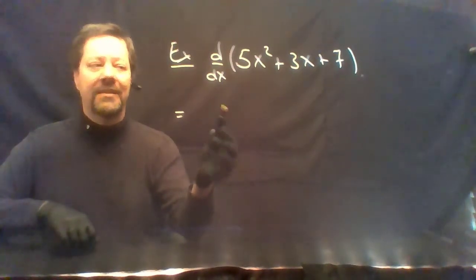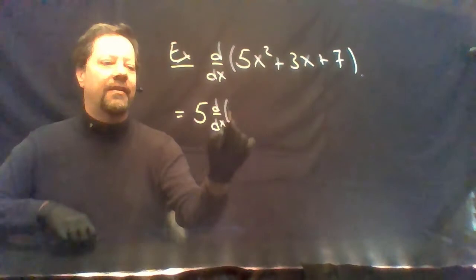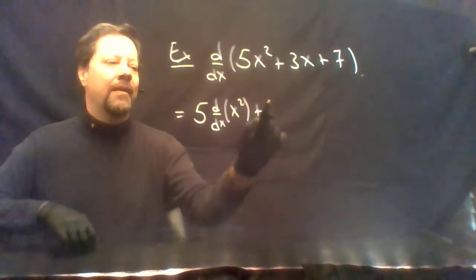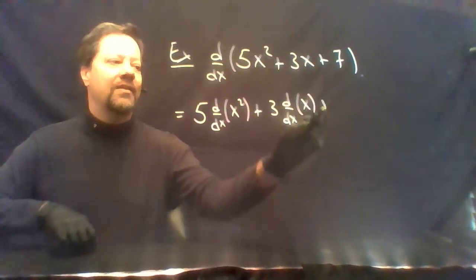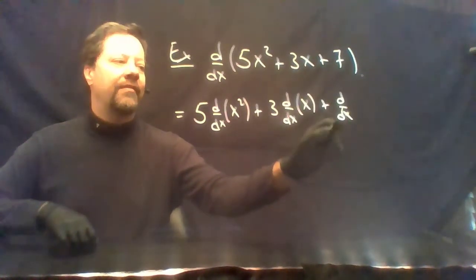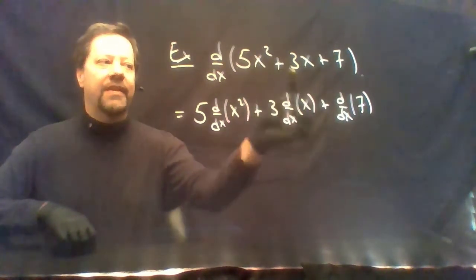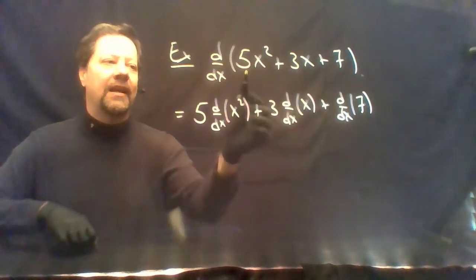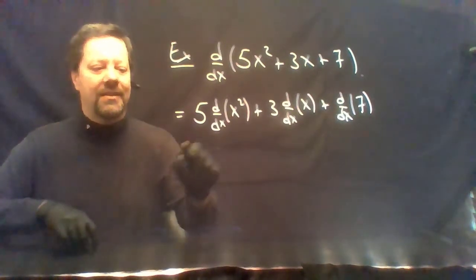According to the theorem, that's 5 times the derivative of x squared plus 3 times the derivative of x plus the derivative of 7. You can take the derivative of each term separately, and constant factors can be brought out of the derivative process.